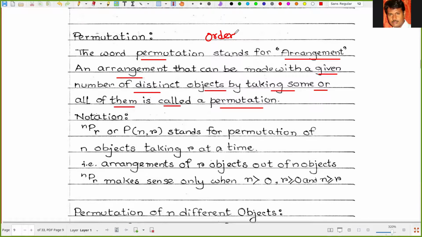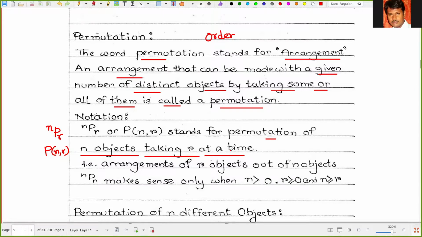That means the arrangement would be in order. At first, the permutation notation is denoted by nPr or P(n, r), which stands for the permutation of n objects taking r at a time.